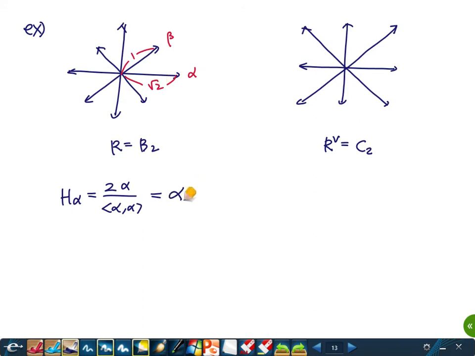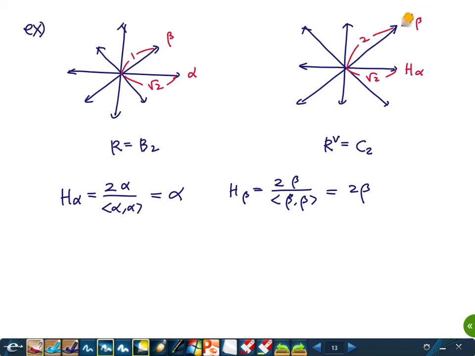So H alpha is the same as alpha, so it's still square root of 2, right? What about H beta? 2 beta over beta comma beta. The length of beta is 1, so it's going to be 2 beta. So it's 2 times this. So this is H beta. The length is 2, so it is like that.